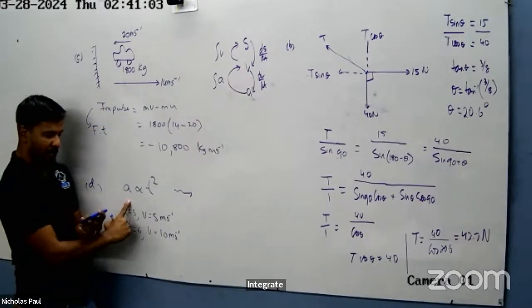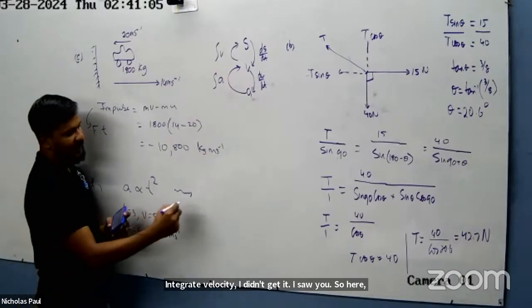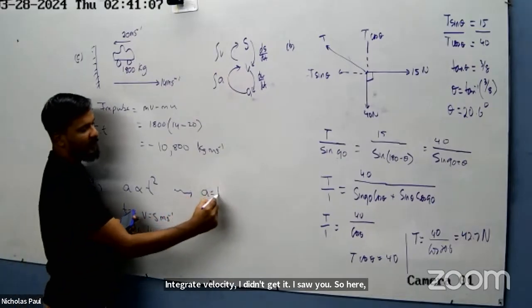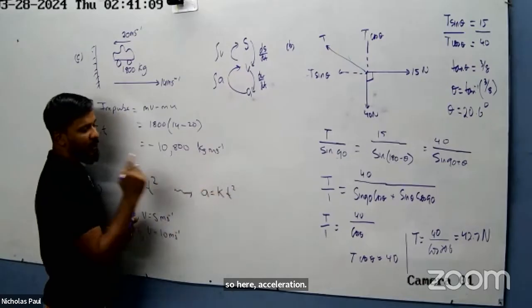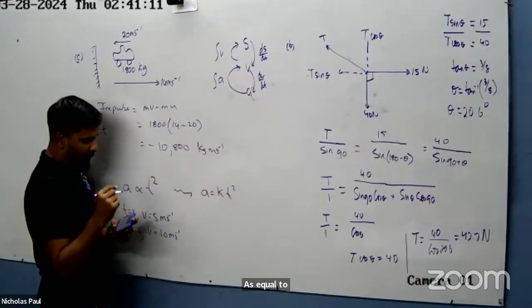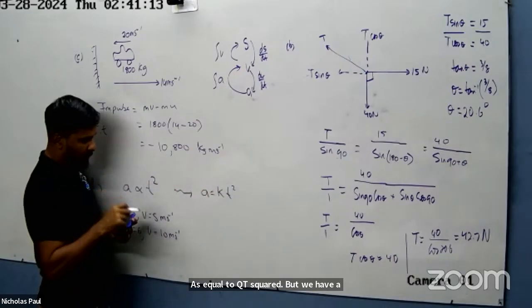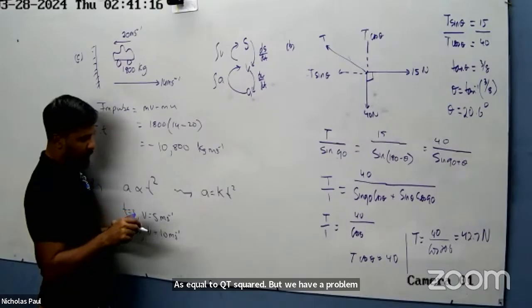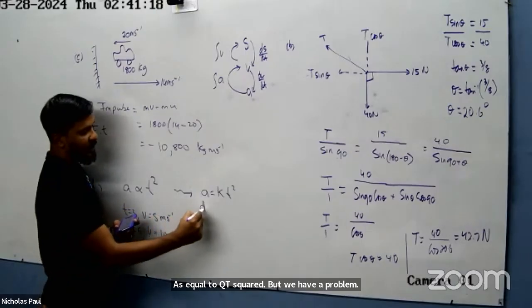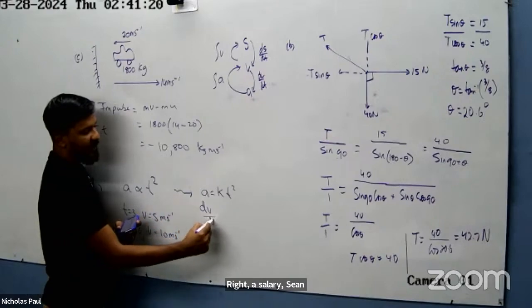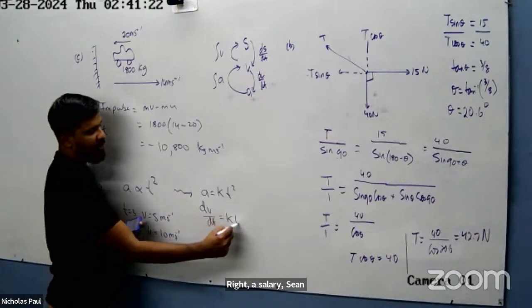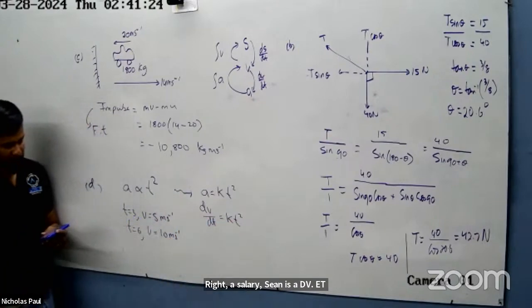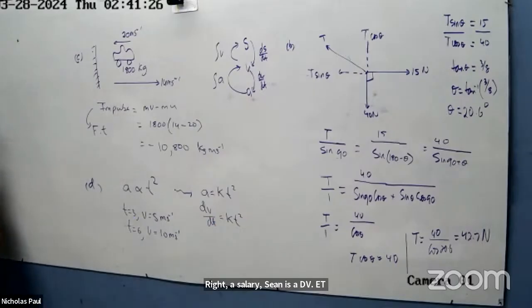So here, acceleration is equal to kt squared. But we have a problem. Acceleration is dv/dt.